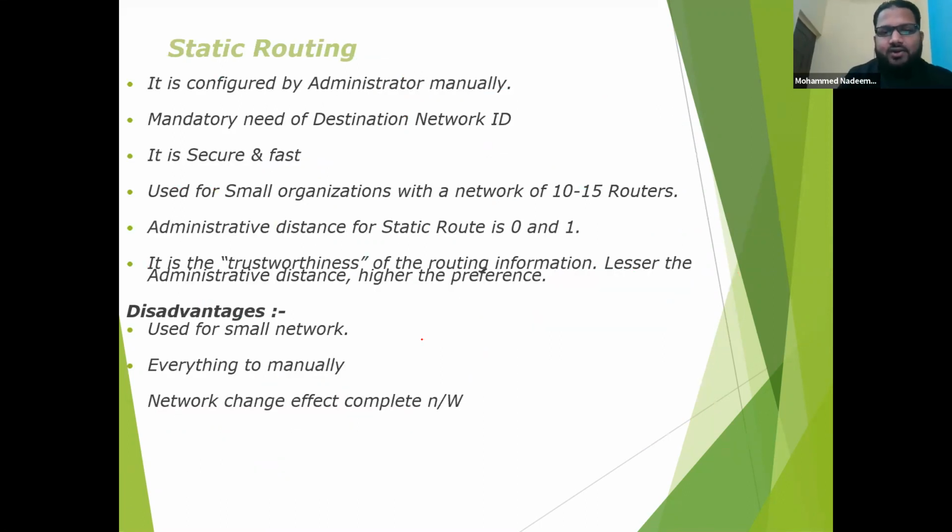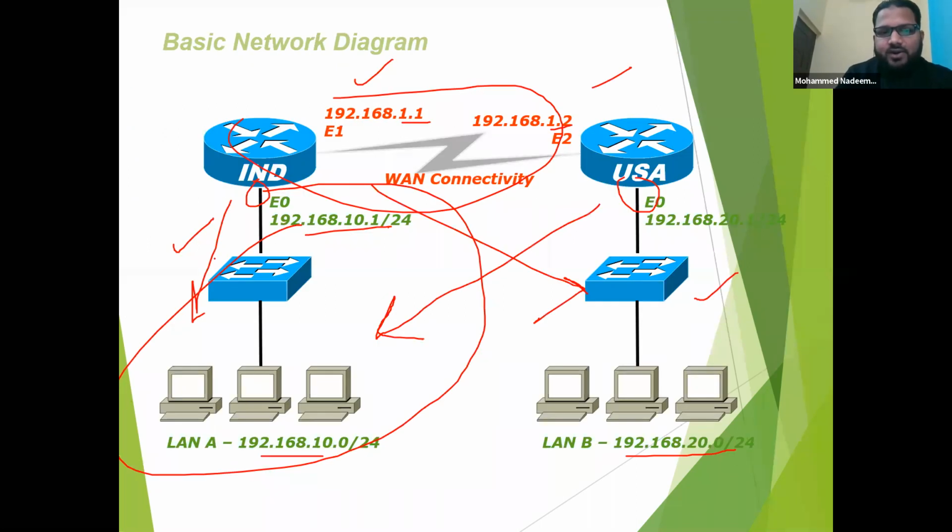Okay, static routing. Static routing is nothing but everything has to be statically defined. So you need to go to the Hyderabad router and say what the missing route is. This network is missing. So just go and say ip route, this destination network, destination subnet mask, and the next hop.